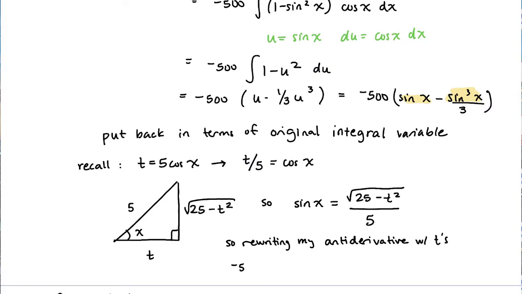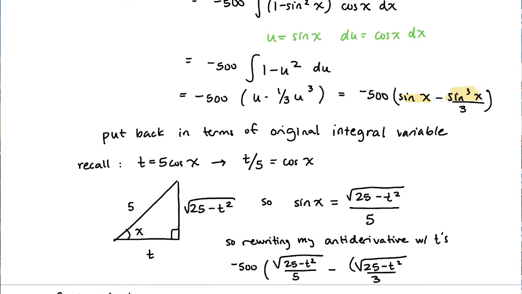This would be negative 500 times the square root of 25 minus t squared over 5, minus the square root of 25 minus t squared over 3, and the numerator should be cubed. And then finally adding in the integration constant at the very end.